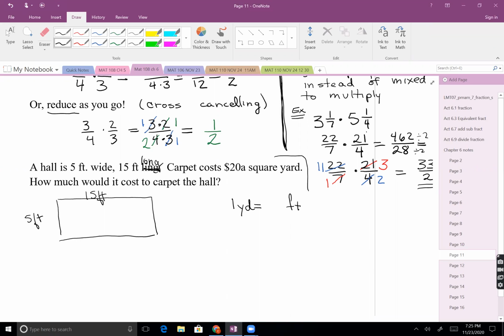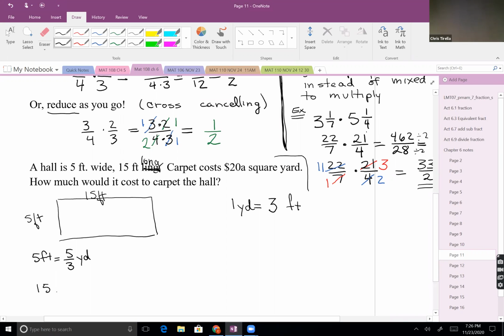Yep. So 1 yard is 3 feet. And so over here, couldn't I say that 5 feet is 5/3 of a yard, or 1 2/3 yard? And in the same way, that 15 feet would be 15/3 of a yard.